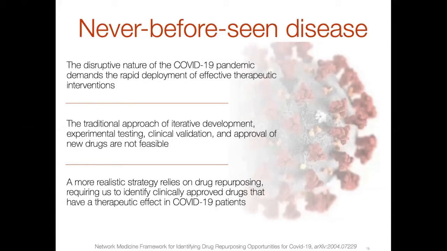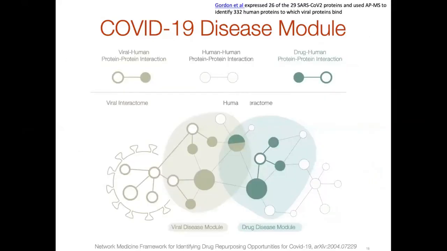And that, of course, does not work for COVID-19, since initially, back in March, very little data was available, and this still seems to be the case. So in the context of COVID-19, we used the methodology that I briefly outlined before, and we applied it to COVID-19 disease.